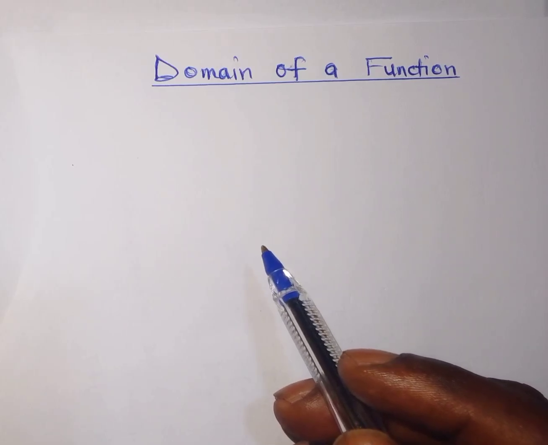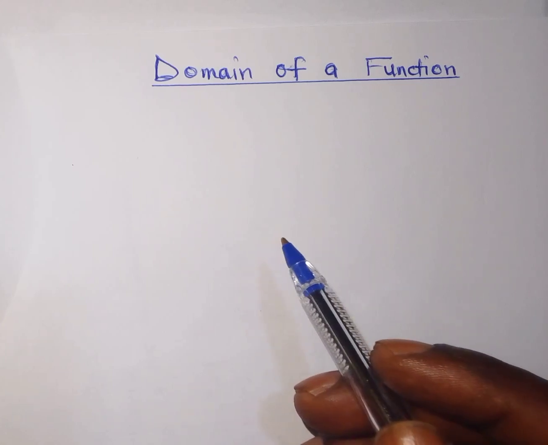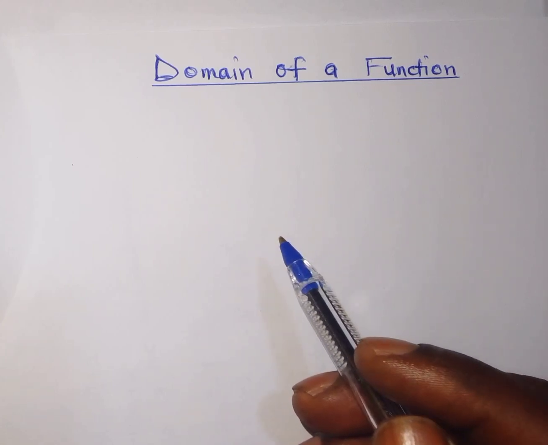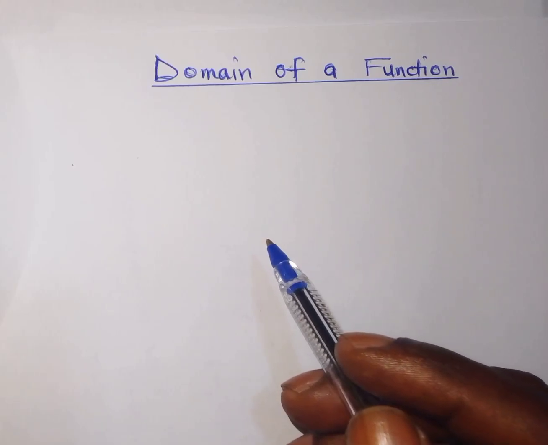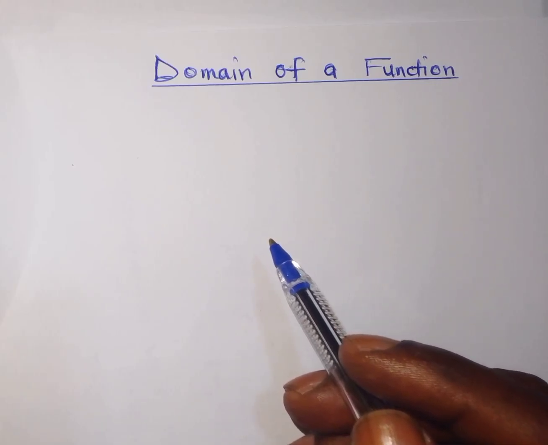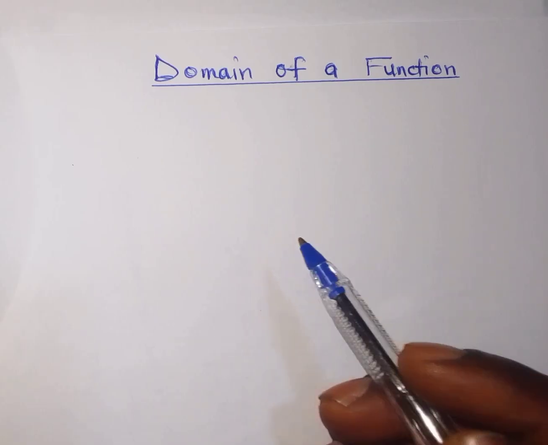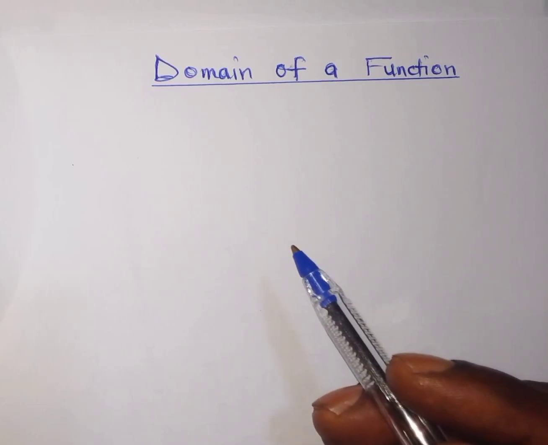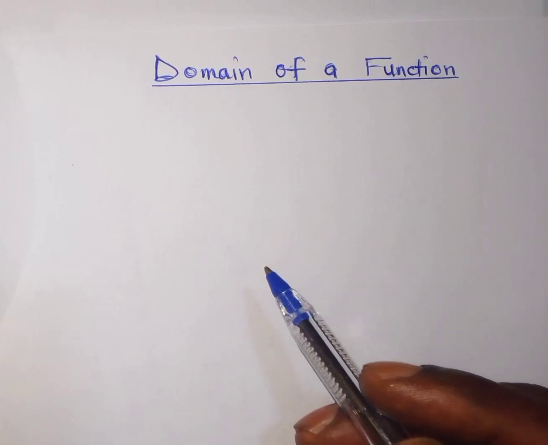And what did we say the domain of a relation is? We are saying that the domain of a relation talks about all possible values of the x axis. So the same thing here, we are talking about all possible values of the x axis. That is what the domain of a function is.